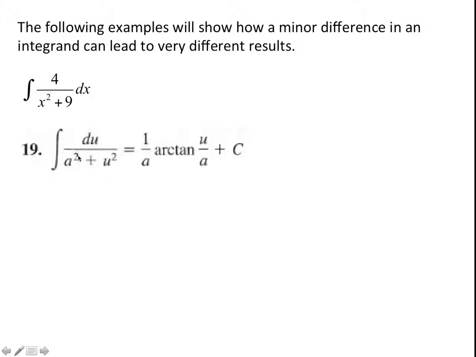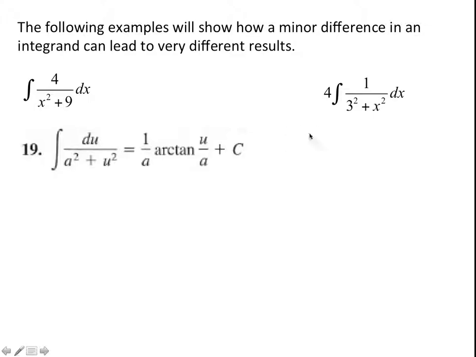So we recognize this pattern and say, well, this has to be some sort of arctan answer. And so we start to match up what the a means and what the u means. For this one, we're going to rework this to make it look more like this. So we're going to remove the 4, that constant can come up front. We're going to swap the terms on the bottom because they're separated by a plus sign, so that's mathematically equivalent. And we're going to write this first term in terms of a perfect square, the way we see it in 19.